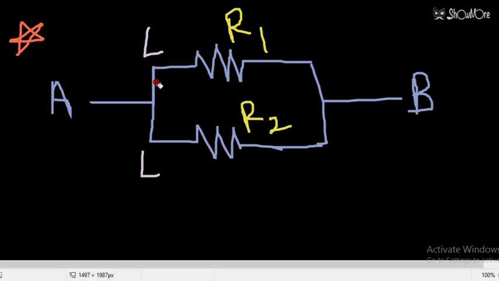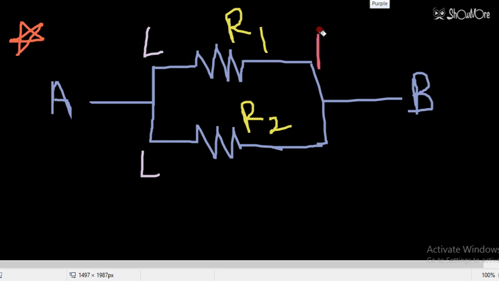Twisted means cross. When you twist two wires, like you put the two ends of a resistance and twist it. So if both the left ends are twisted as shown, that is, joined, and both the right ends are also joined.